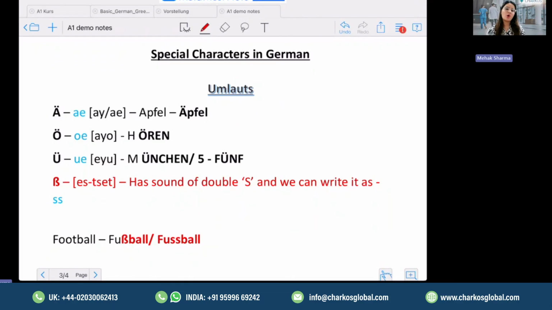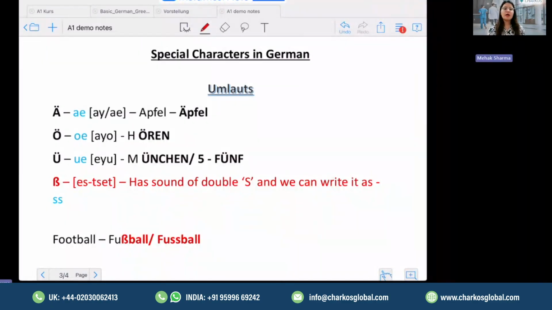Let's just recall how do we pronounce U-M-L-A-U-T-S in German. U is U, M is M, L is L, A is A, U is U, T is, come on, T, and S is S. Very easy.